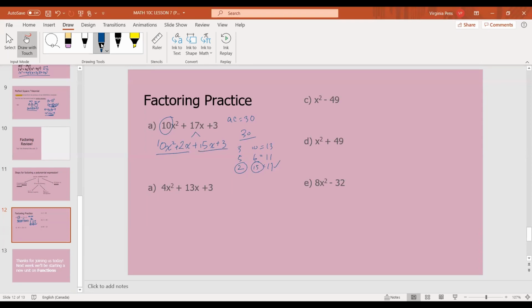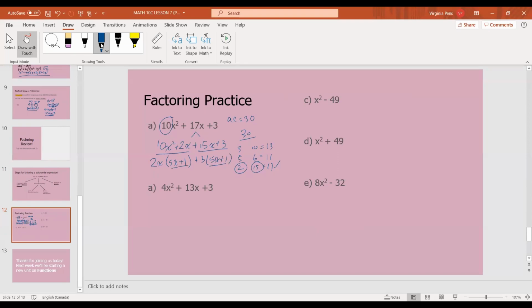So in the first group, what common factor can we take out? Well, they're both even, so we can take out a 2, and we can also take out an x. We're left with 5x plus 1. In the second group, we can take out a 3, and that looks like it's about it. So then we're left with 5x plus 1.